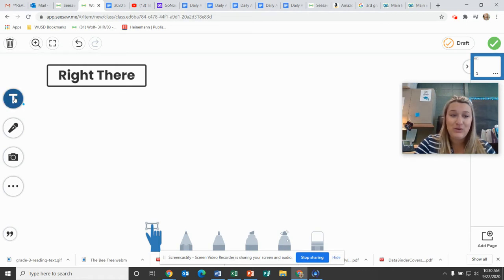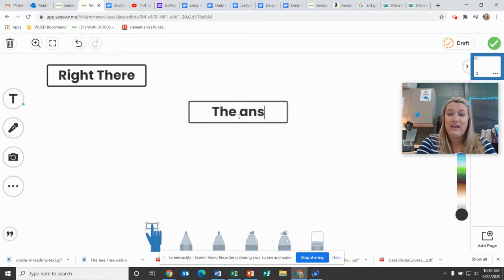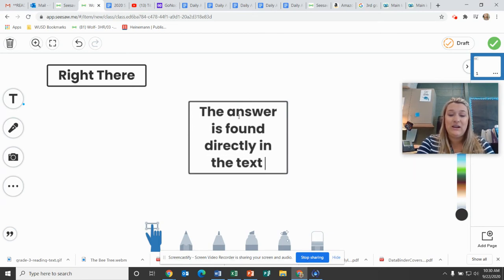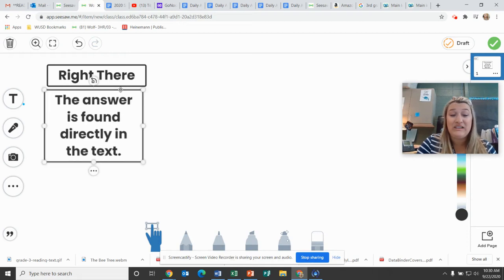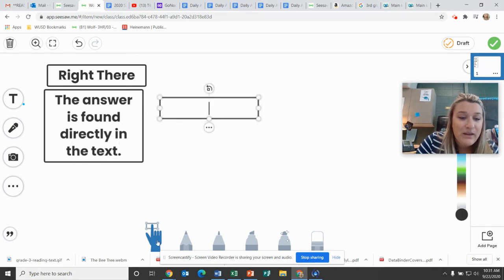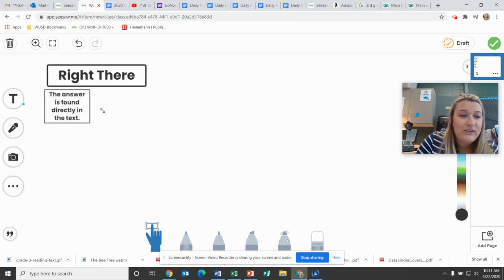A right there question is the answer is found directly in the text, meaning you're going to go in and actually point to the answer. Easy peasy, right? Then we talked about, I'm going to actually shrink that really small for you. Directly in the text. I'm going to put it right there.